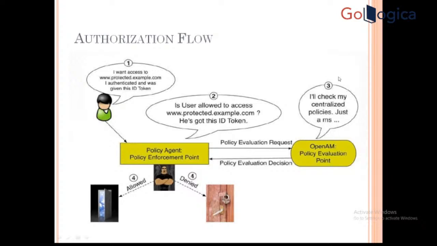If the user is allowed to access that resource, OpenAM sends the policy evaluation decision. If the user is allowed, the policy agent opens the gate and the user can access the resource. If the user is denied, the policy agent denies access to that particular resource and closes the connection.